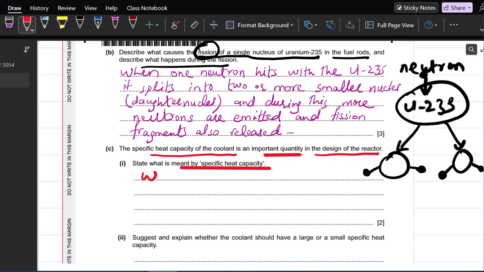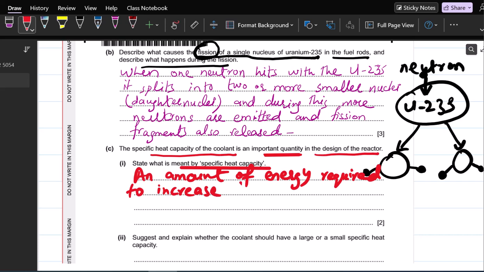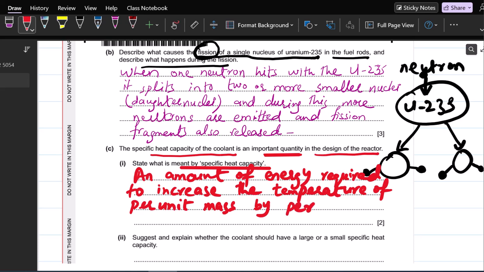So the amount of thermal energy required to increase the temperature of a substance per unit mass by per unit temperature.